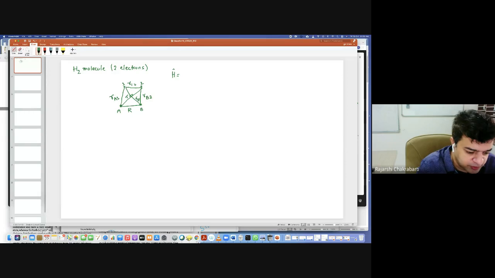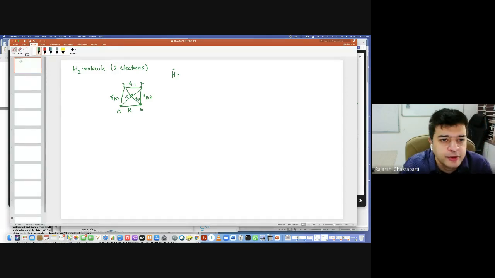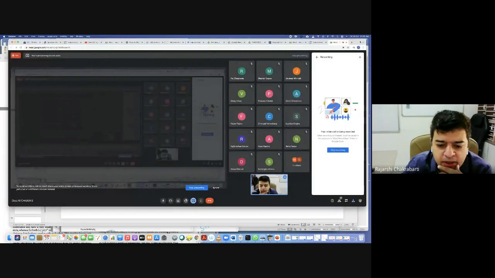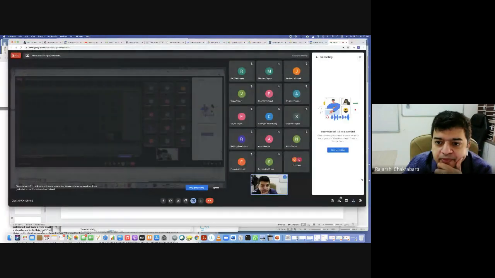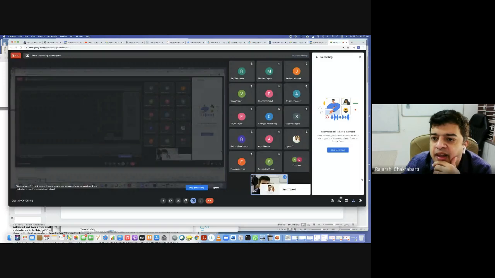I hope you know all these things now. Can anyone tell me what the Hamiltonian is? There are 27 people I can see. So can anyone tell me the Hamiltonian in atomic units? Maybe I'll take names then.